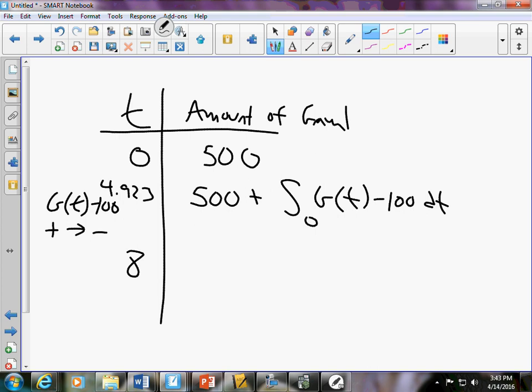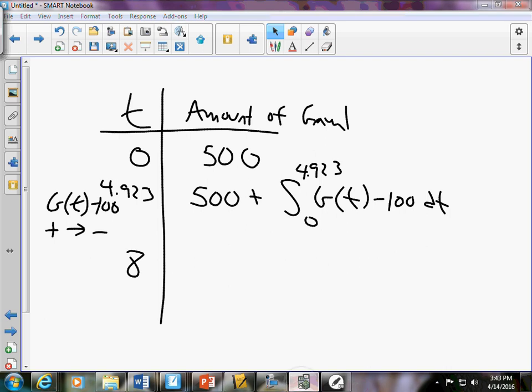Yeah, 4.923, whatever it is. Now, it's nice when you have this whole thing stored in your calculator. I'm just going to integrate Y3 from 0 to that number and add it to 500.